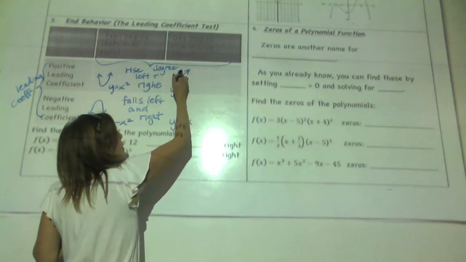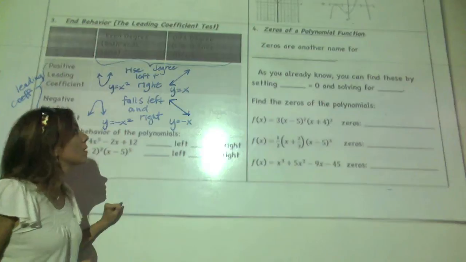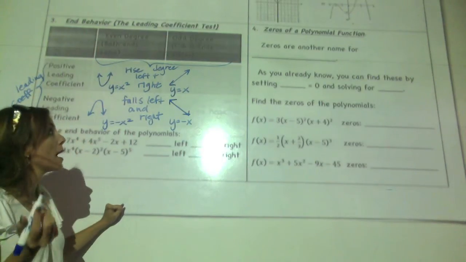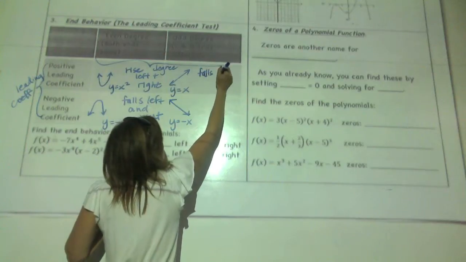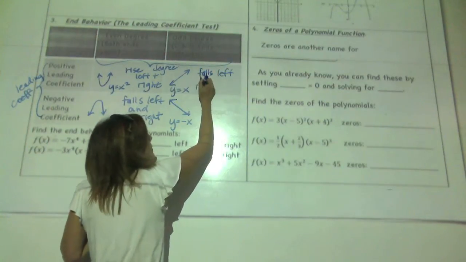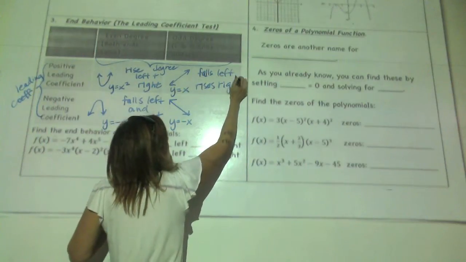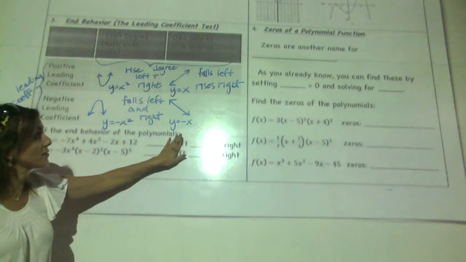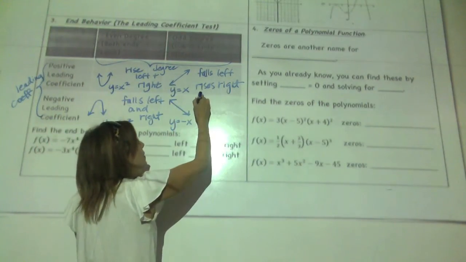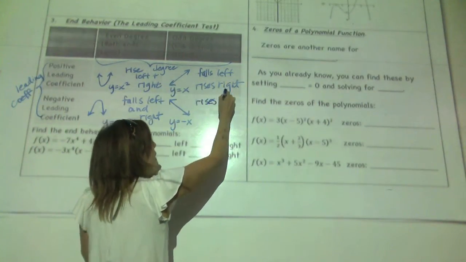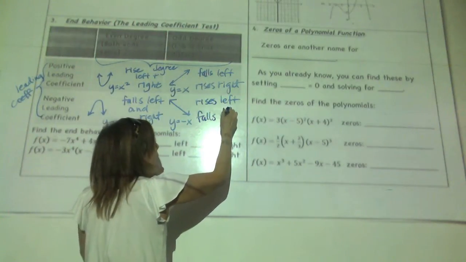Here it's like this, here it's like this. Okay, so let's think about that. What's happening on the left? It falls left, but it rises right. For this function, what's it doing on the left? It's rising. So it rises on the left, but it falls on the right.